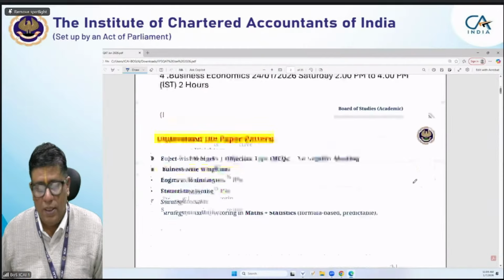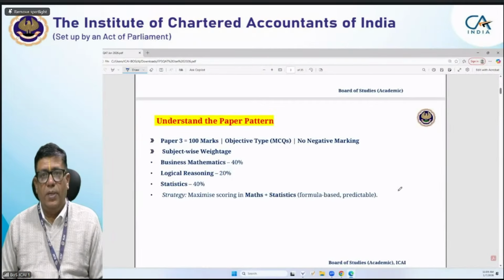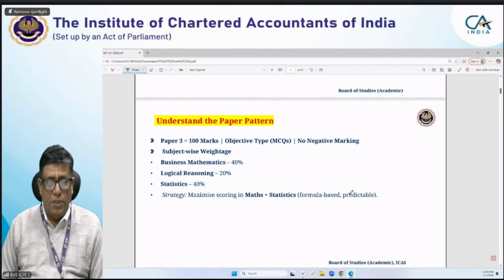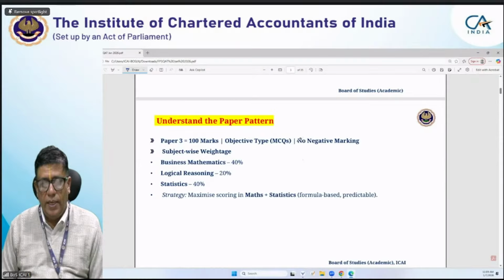Next, we have discussed understanding the pattern of the question paper. Paper 3, Quantitative Aptitude, is objective type MCQ, and as given in the slides, negative marking is also there, and we have discussed the subject-wise weightage.